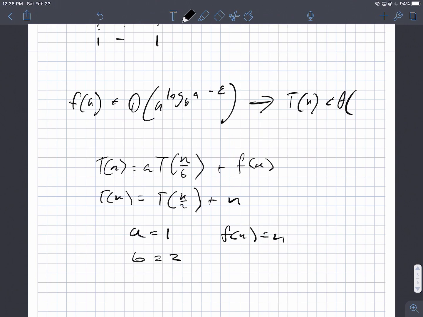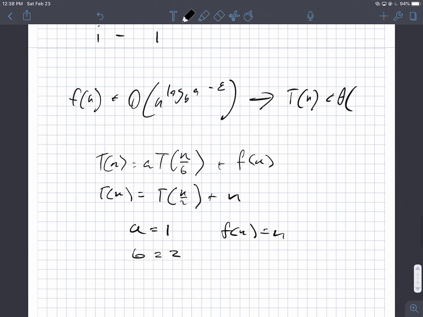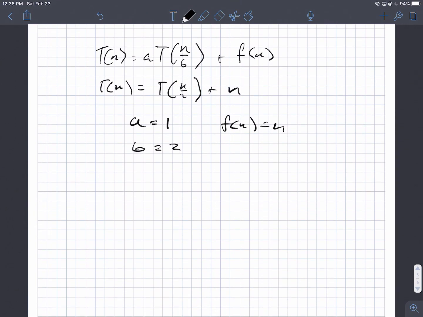Everyone comfortable with what this general form means? This is the quick select equation, broken down where I outline what a, b, and f of n are. Everyone good with that? Okay. So basically I look at my cases.